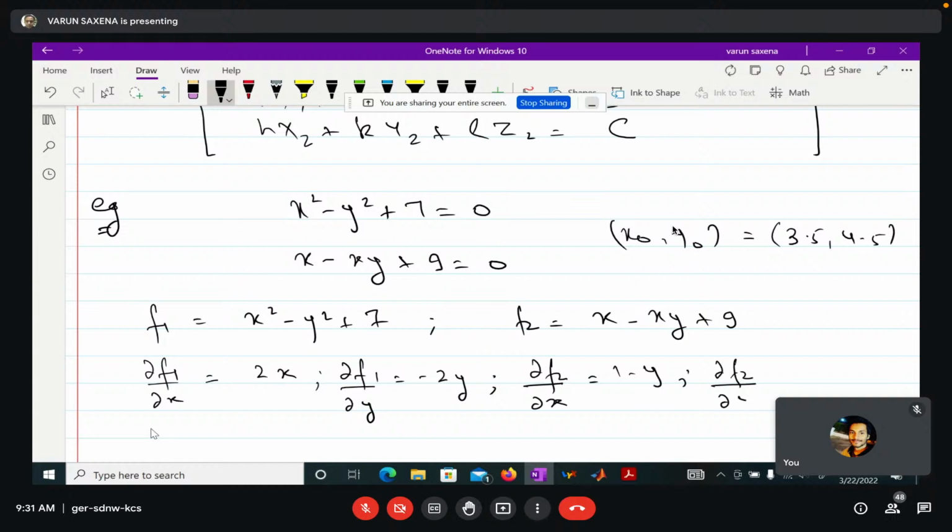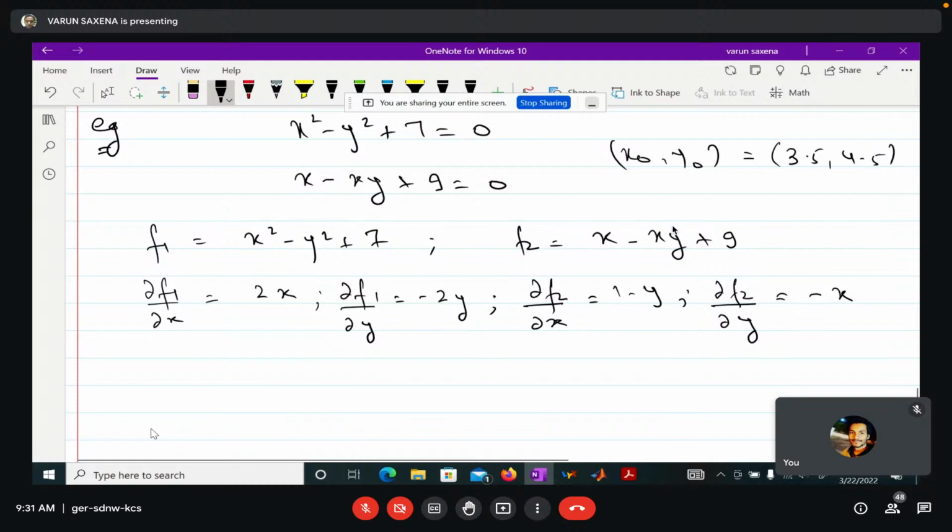Del f2 over del y is going to be minus x. So I find out the values and start my first iteration.